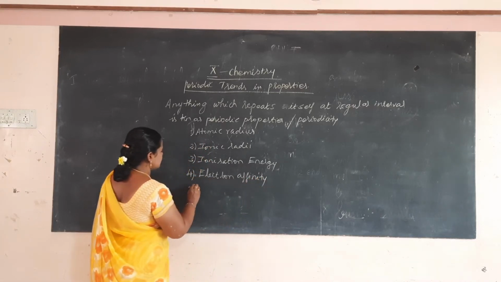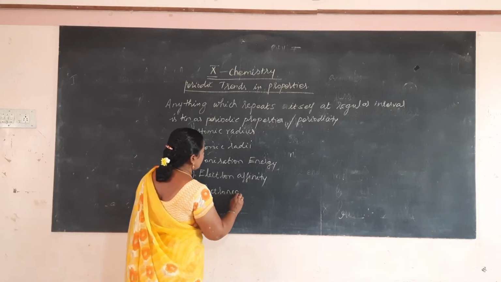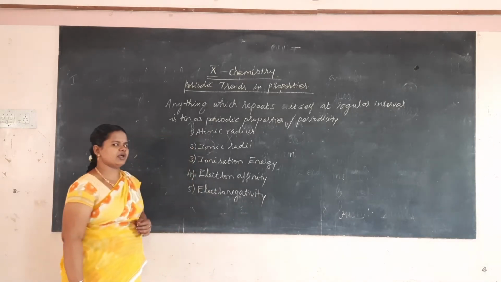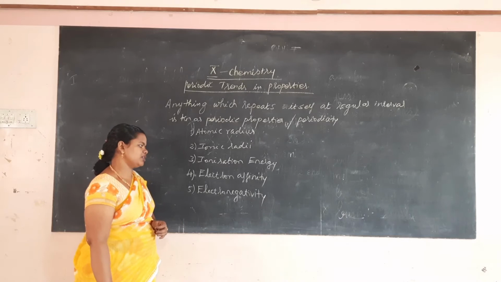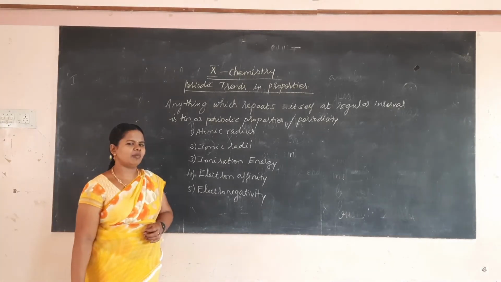These are the periodic properties. So these are the properties we are going to explain: the atomic radius, ionic radii, ionization energy, and electron affinity.